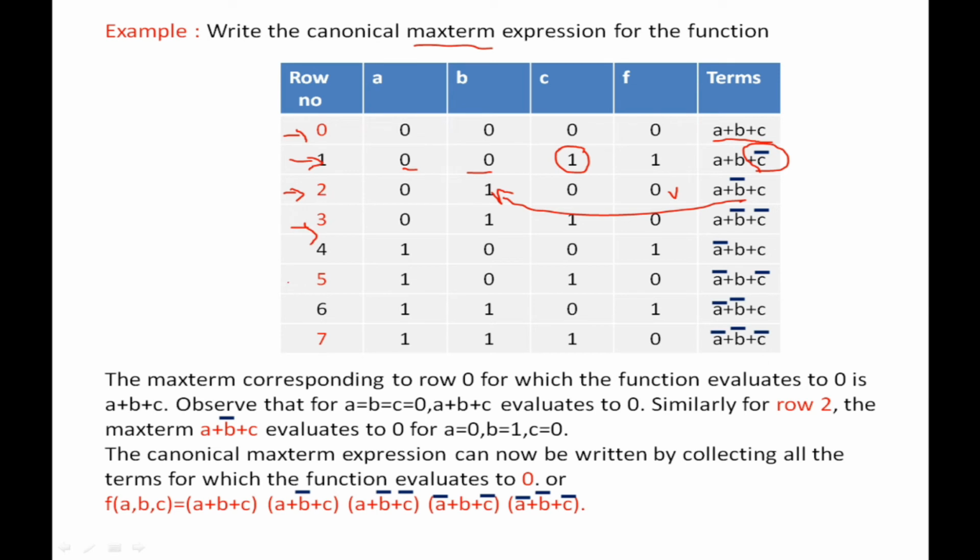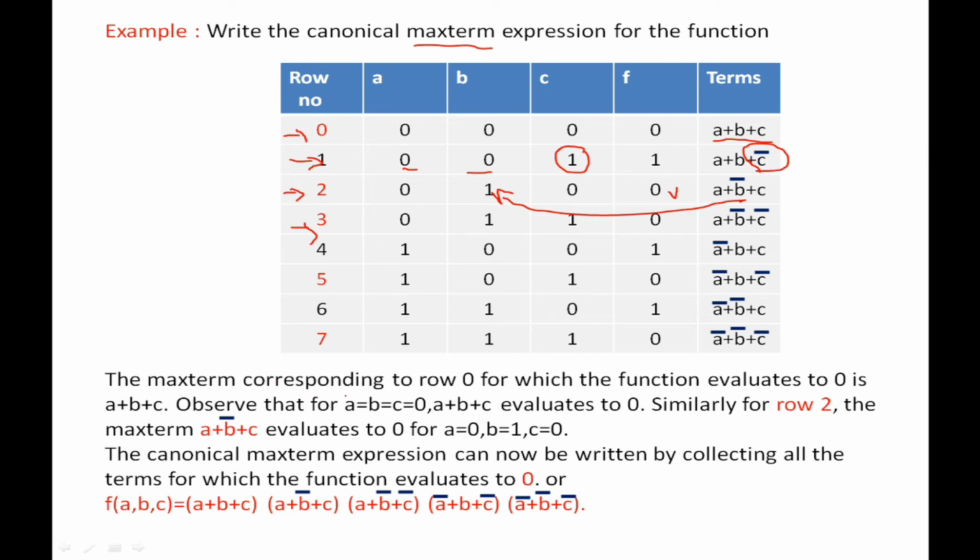Now if you see the row numbers which I have highlighted in red color, that is 0, 2, 3, 5 and 7, where the function is evaluating to 0, those rows will be a part of my function.